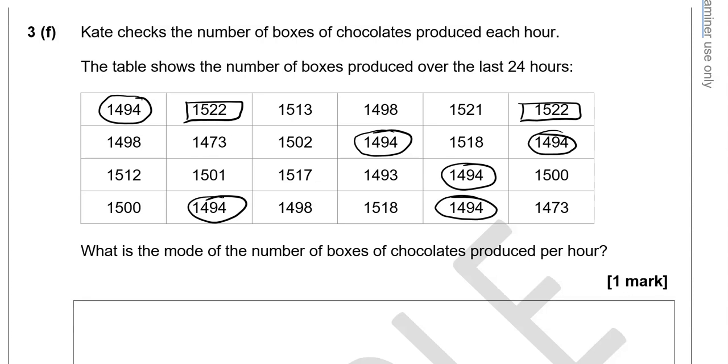Looking at 1513, there are no more of it. 1498, got 1, 2, 3 of them. 1521, there is just 1 of them. 1473, we've got 2 of them. 1502, there is just 1, and so on.